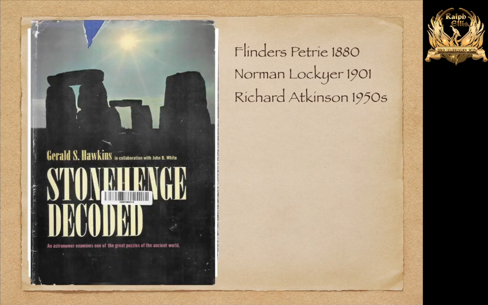Then we had Gerald Hawkins, 1960s, and he was a professor, astronomer, and he did a very good look at the movements of the heavens around Stonehenge, trying to date it via the movements of the moon and the sun, and having all of these alignments.